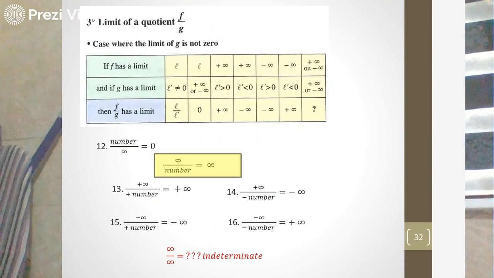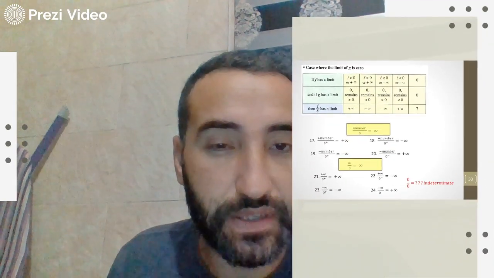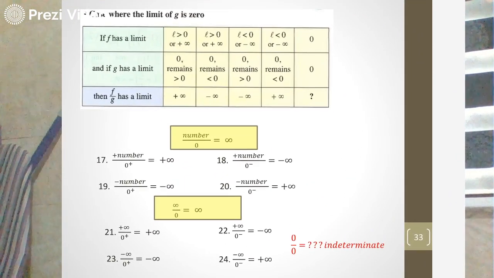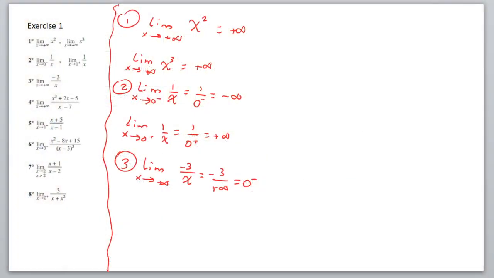Number over infinity is 0, infinity over number is infinity, and so on. With practice you will memorize them. Let me continue in the worksheet.